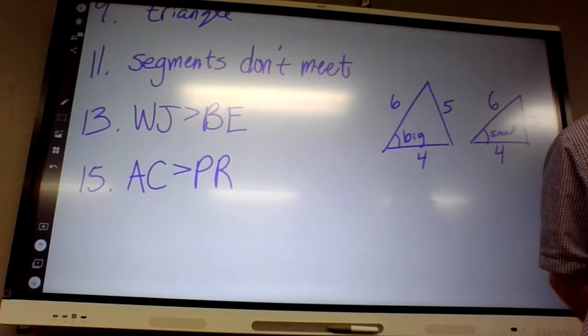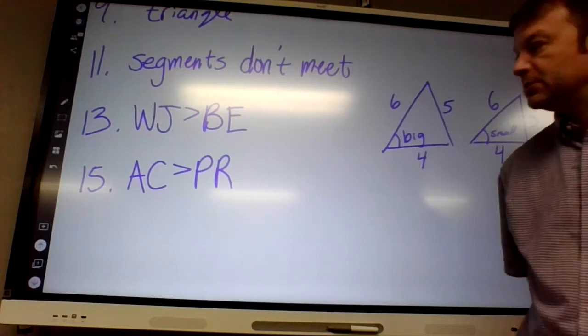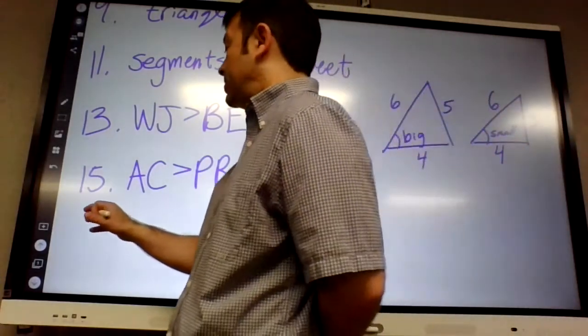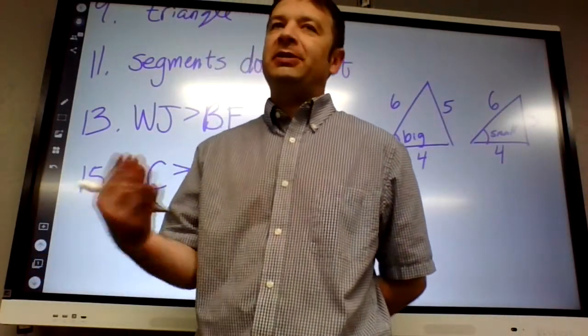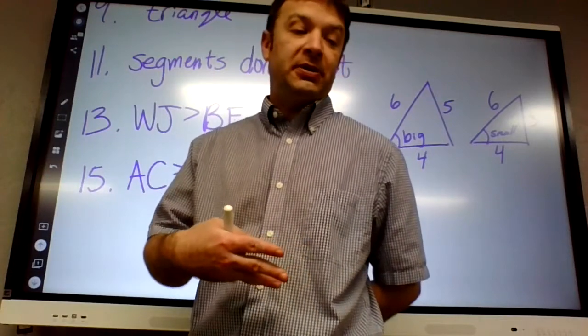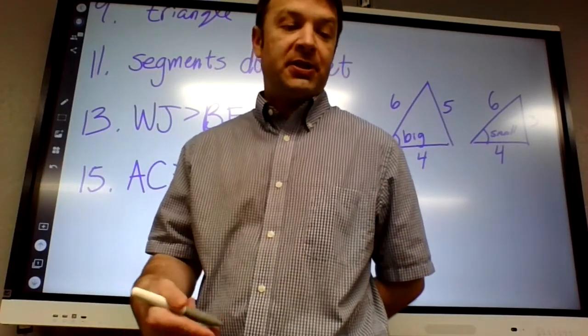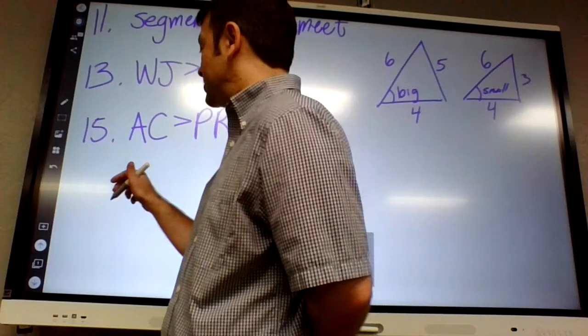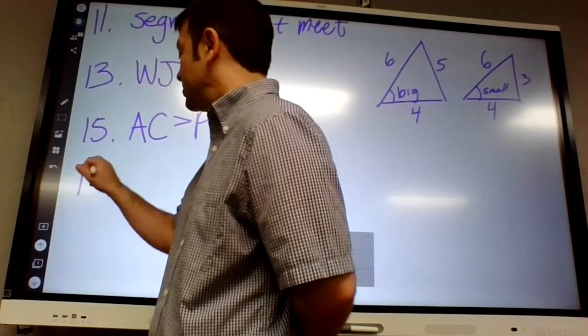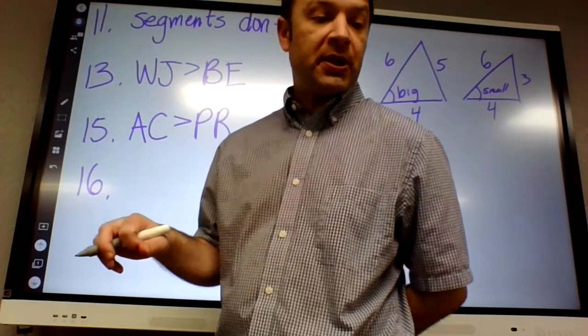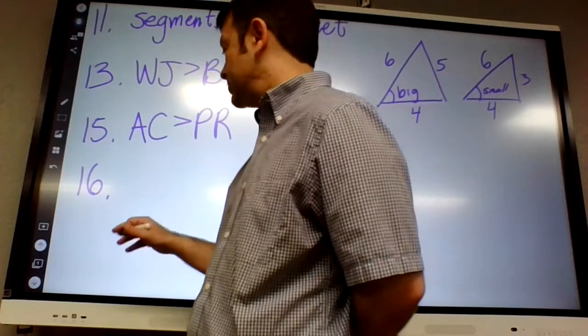Angle H is smaller than angle D, yes. That's it. So we know something about the angle. You can't use the sides because they tell you what the sides are. We don't need you to tell us that 3 is less than 5. We need something that's missing, the missing fact, which is angle H is less than angle D.